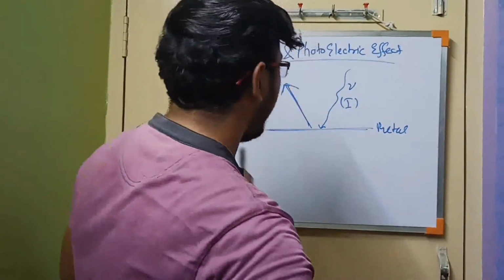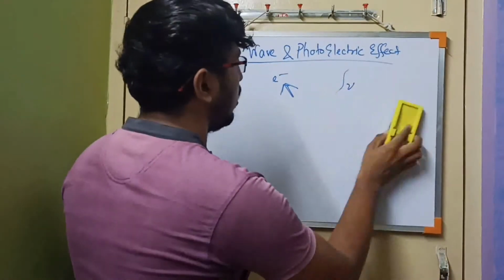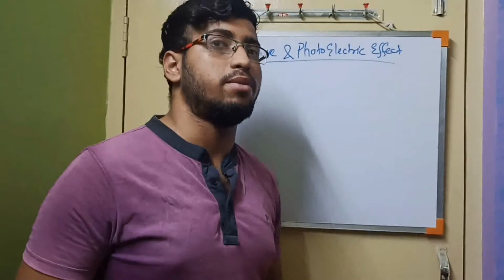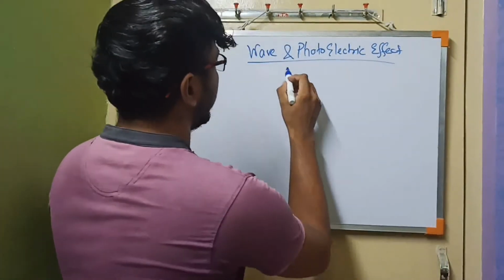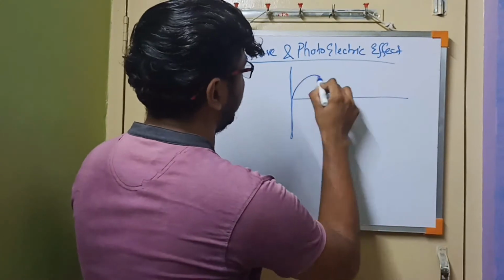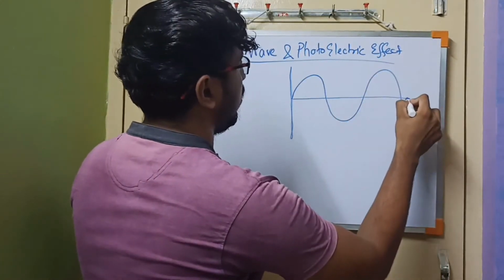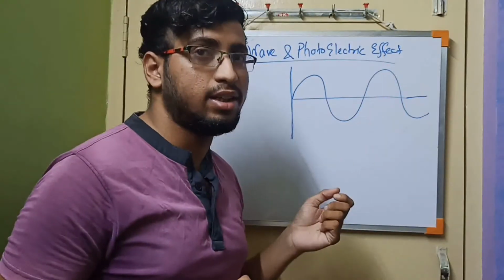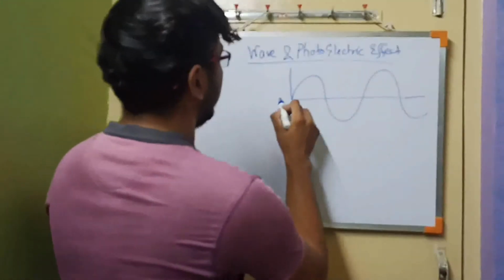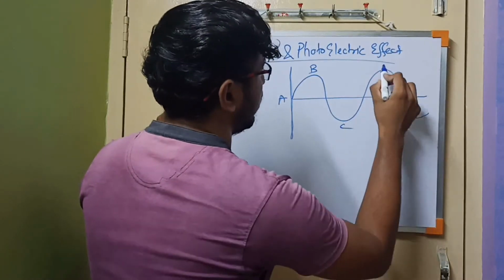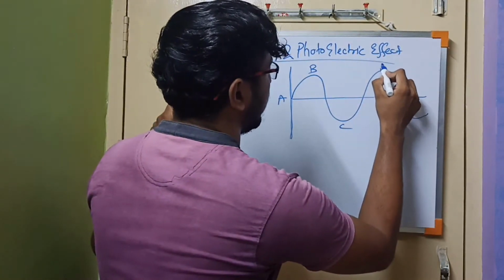Now we have to know what are the three properties of wave. So if we can plot a curve, a wave looks like this, especially if we give certain letters.